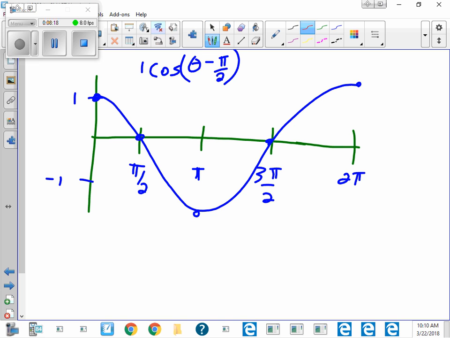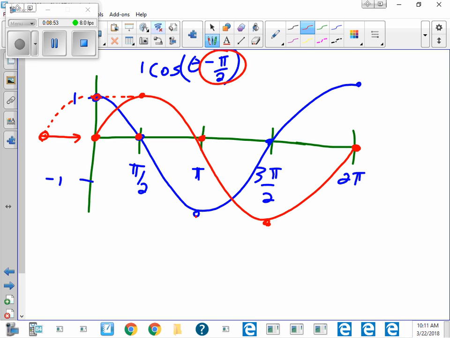But I need to move in the opposite direction of -pi over 2, which means we move to the right. So this point is going to travel to here. This point moves to there. This one moves to there. And this one moves to there. But I'm still missing a 0 radian point. So I kind of have to see this is what's going to move to there. And then I graph that.